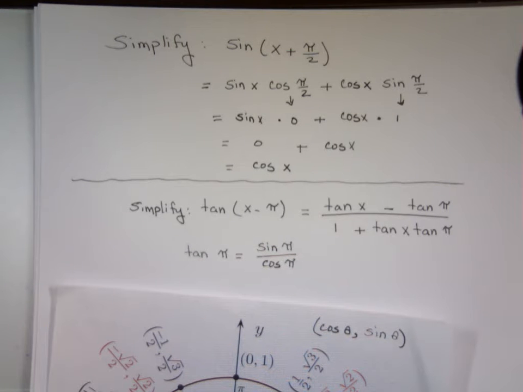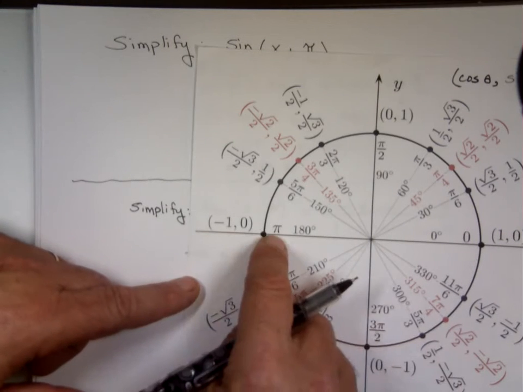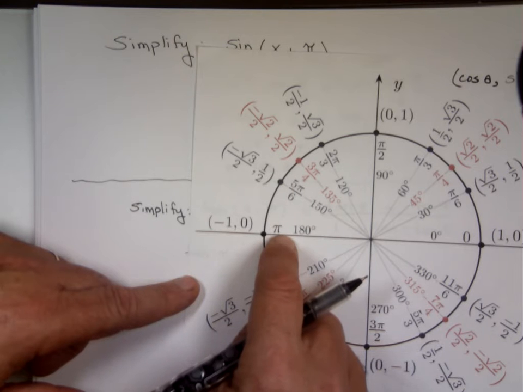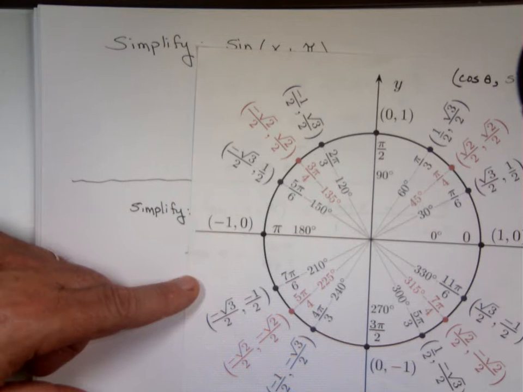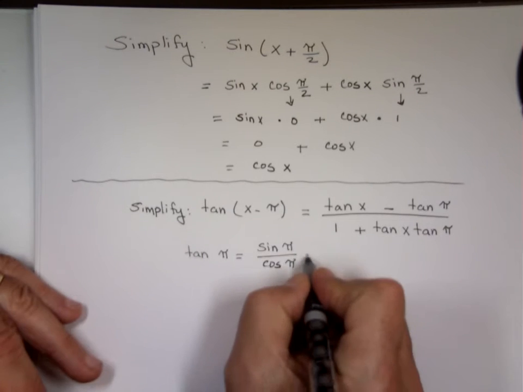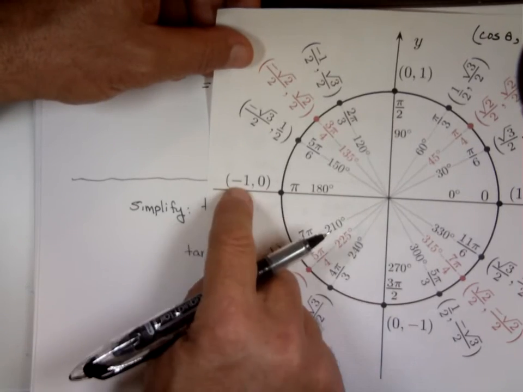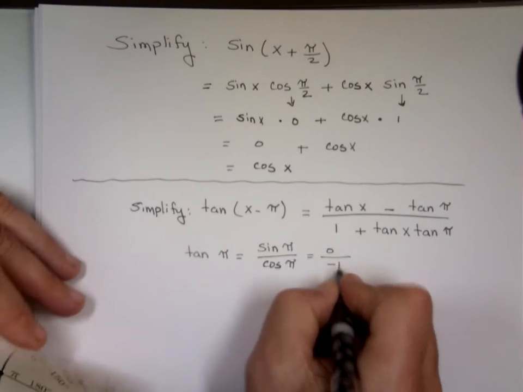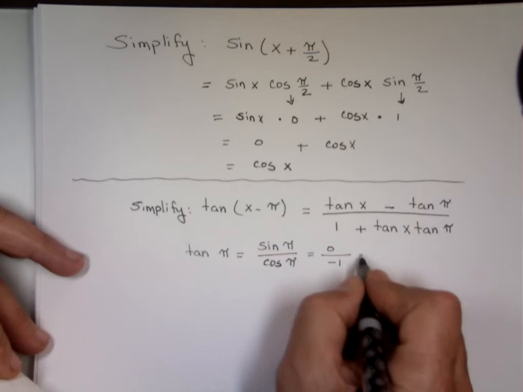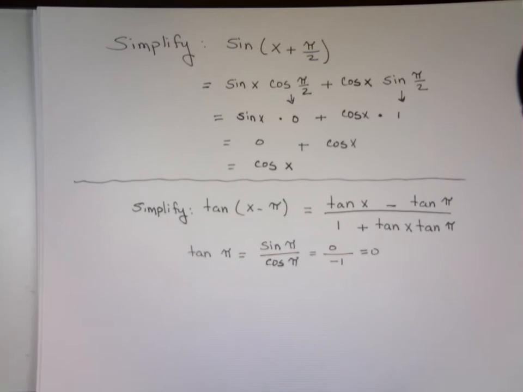And what's the sine of pi? The sine is which number? Second number. What's the cosine of pi? Negative 1. What is 0 divided by negative 1? 0. Now plug that in for tangent pi and see what will happen.